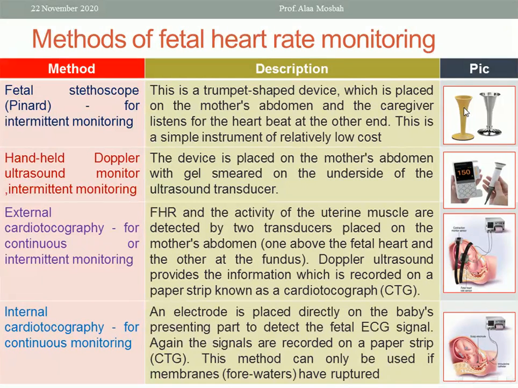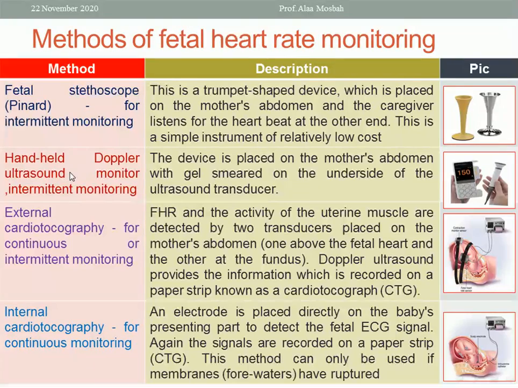This is the original and the first method used to detect the fetal heart rate, by applying the Pinard on the abdomen on one side, and the other side on the ear of the obstetrician. Then you calculate the fetal heart rate.